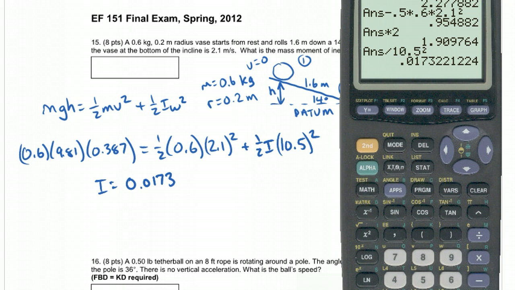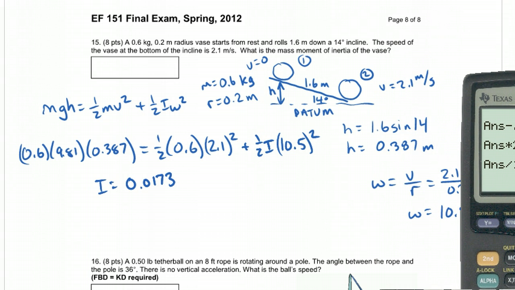Alright, let's talk about units for a second. If I write my units out: kilograms, meters per second squared, and H was meters. So every term in here should be kilograms meters squared over second squared. Let's check this one. This was mass, and that was meters squared over second squared because of V squared.